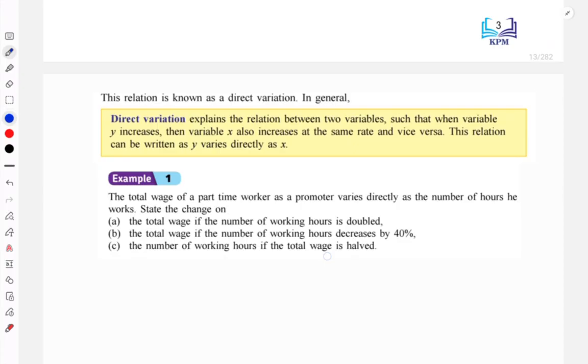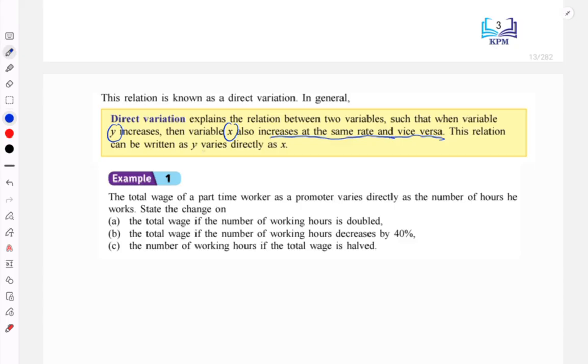I screenshot it for you. As you can see here, it says that the two variables y and x increase at the same rate. That means when one value increases, the other value also increases, and vice versa: if one value decreases, the other value also decreases.